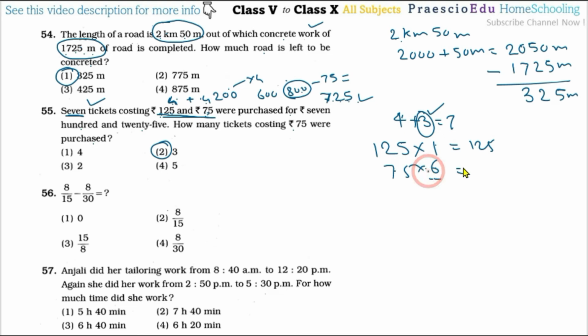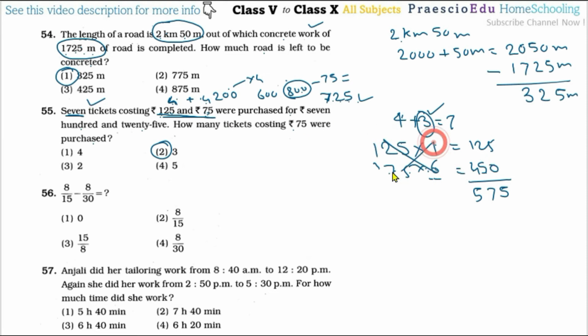So 6 5s are 30, 3 is carried. 6 multiplied by 7 is 42 plus 3, that is 45. So that amount is 450. After this addition, that is 575, which cannot be. So again we would have to purchase more, but we require only 7 tickets.